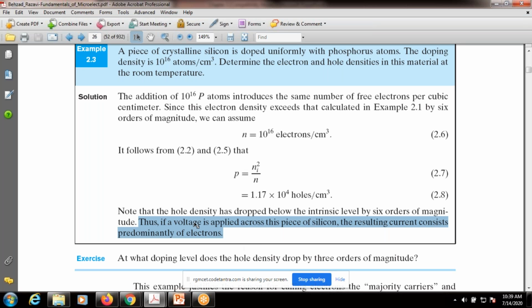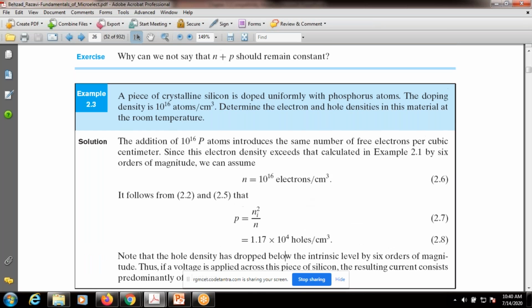Why? Because the hole concentration is 10 power 4, right? And don't think that it becomes zero, it never becomes zero. Remember that research analysis has also proved that N into P is equal to Ni square. The mass action law must be satisfied.